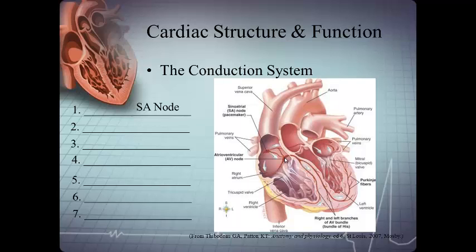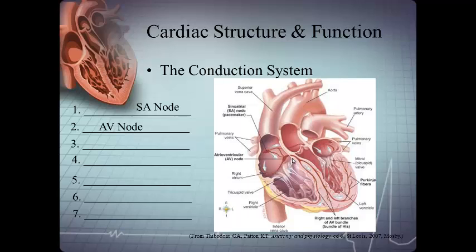The AV node lives in the intraatrial septum. The intraatrial septum is right here, the septum dividing the atria. Okay?